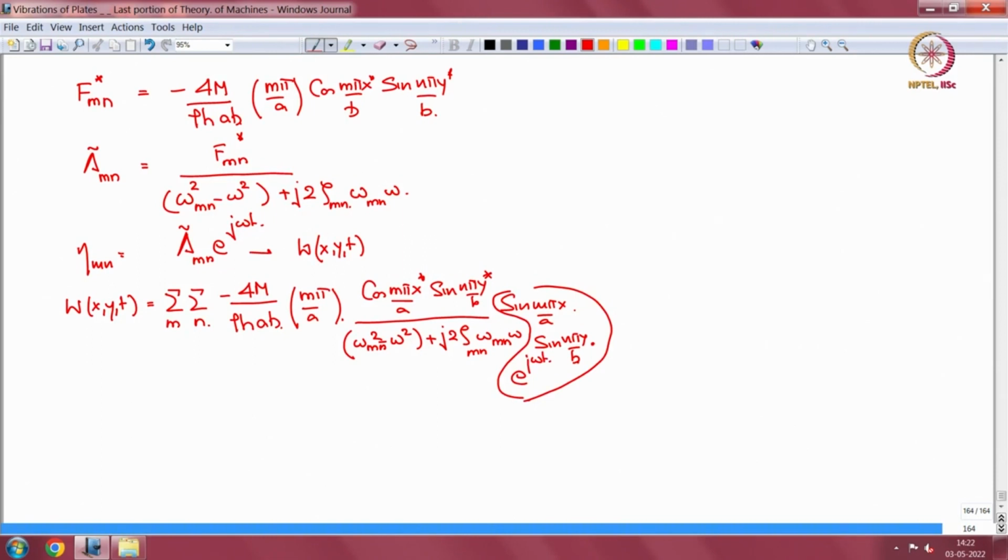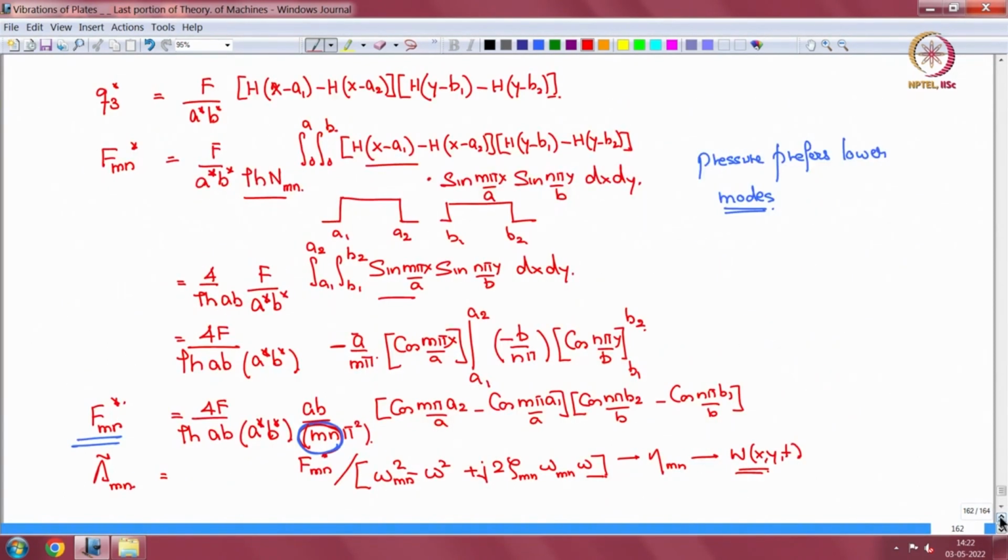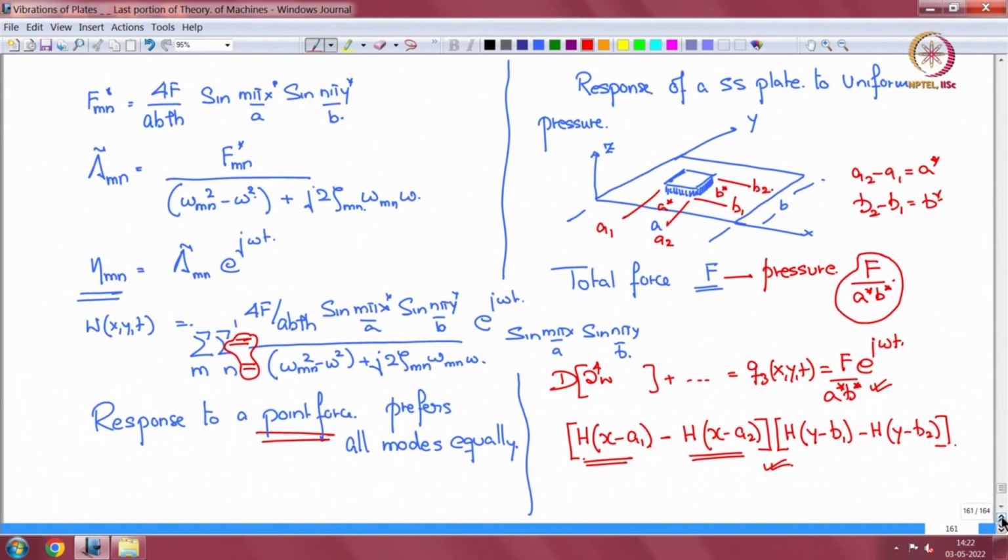Okay. So now let me remind you that point moment, this was pressure and this was point force. So here is the point force response of a simply supported plate. This m argument or n argument nowhere is there separately in the numerator or denominator. That's the response to a point force.